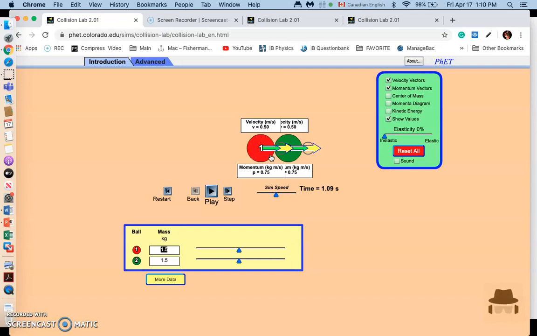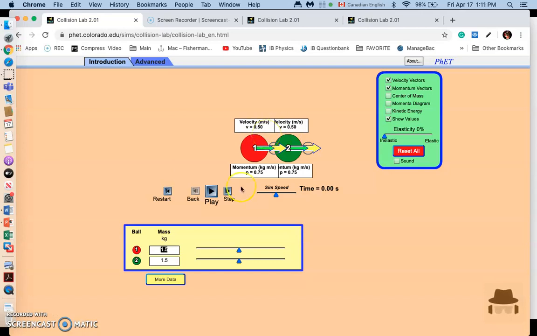How can I calculate the momentum after? I add both masses together, 1.5 plus 1.5 gives you 3, times their velocity, because they're moving with the same velocity. Both of them have the same velocity, which is 0.5.